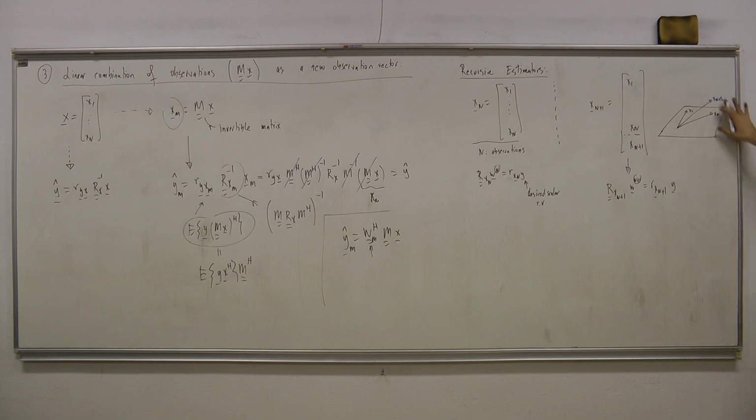So the dimension of this vector space increases with the n plus first observation. So how can I do this? Well, if I can generate this n plus 1 dimensional vector, it has a component lying over here, and it has a component not in this span of the black vectors.